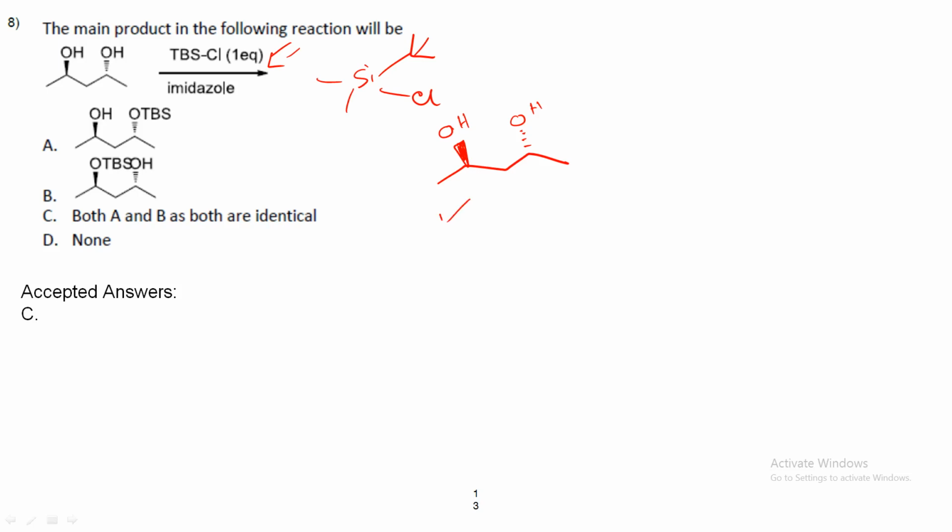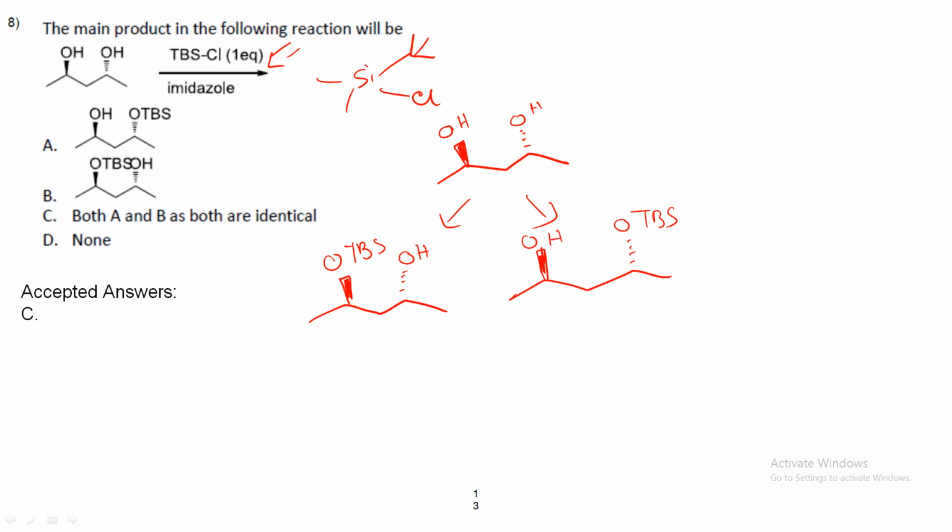So both OH can be protected, right? So the product would be, in one case, this and this remains that, and for the other case it can be this. So these two are the possibilities.